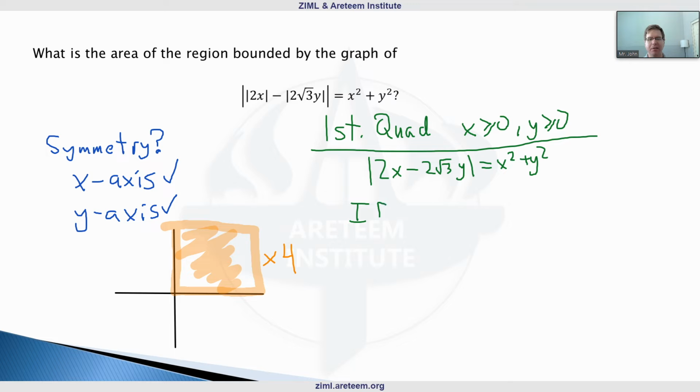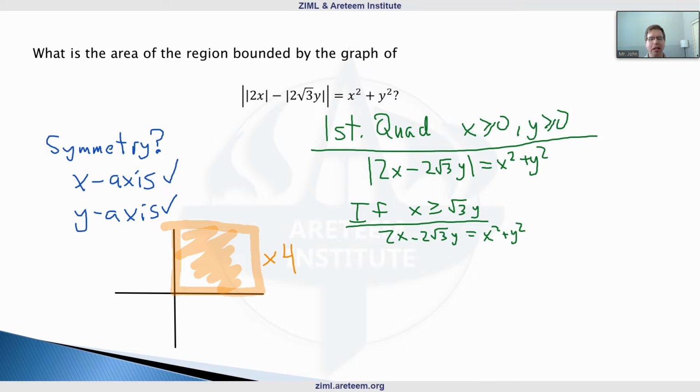If we divide by 2 everywhere, if x is greater than or equal to the square root of 3 times y, then that left-hand side is positive. So we have 2x minus 2 root 3 y is equal to x squared plus y squared.